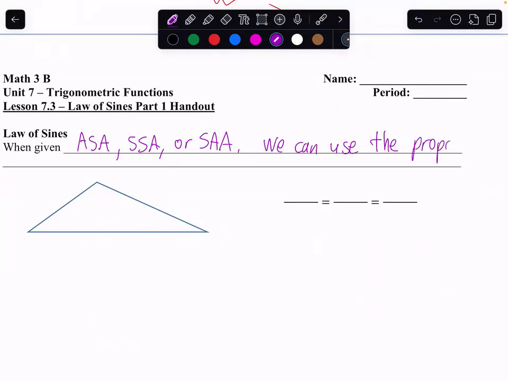We can use the proportion of the sine, that's why it's called the law of sines, the sine of an angle to its opposite side.